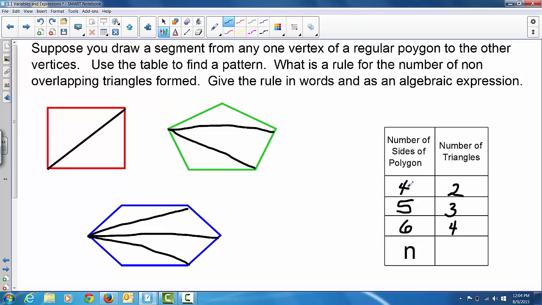Well, what's the relationship between 4 and 2? How do I go from 4 to 2? Right, I go minus 2. 5 minus 2 is 3. 6 minus 2 is 4. So this would be n minus 2. That's how you come up with a rule.